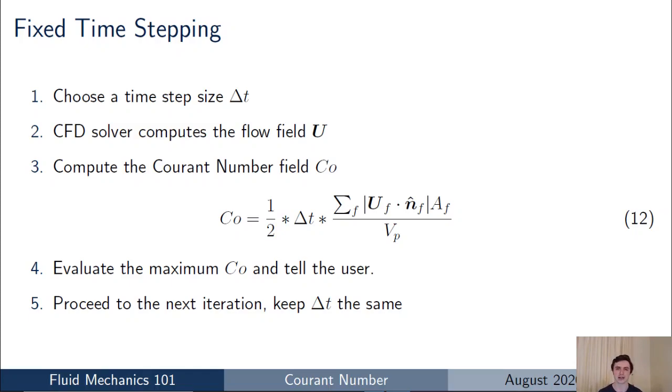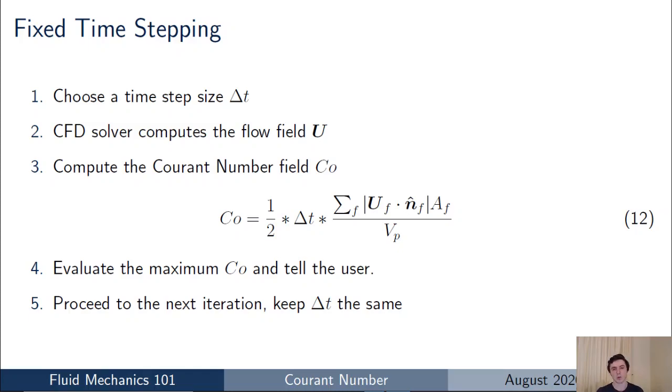So if you remember back to that slide where we showed the contour plot, all of the cells in the mesh will have a current number based on that velocity field that we've just calculated. What the CFD code will then do is evaluate the maximum current number, which in our case was 0.3, and it will report that on the screen so that you can see it in the output file somewhere.